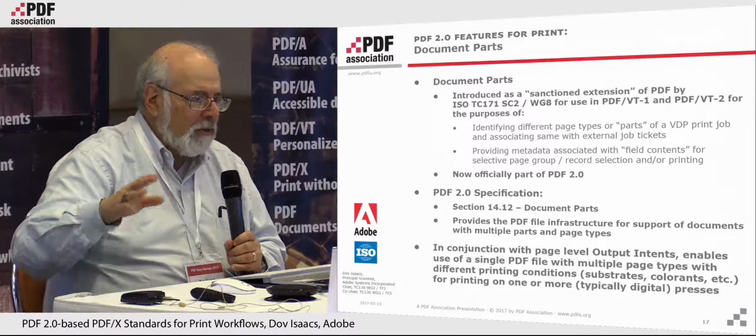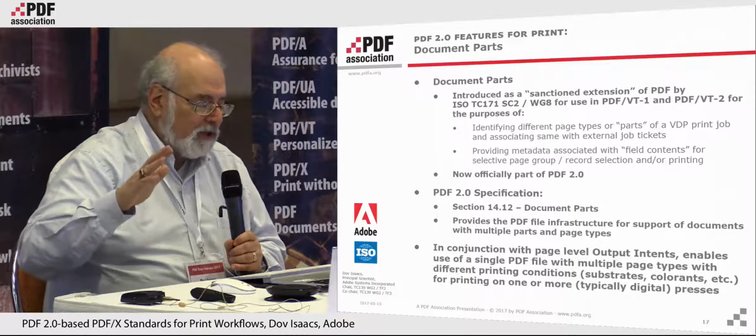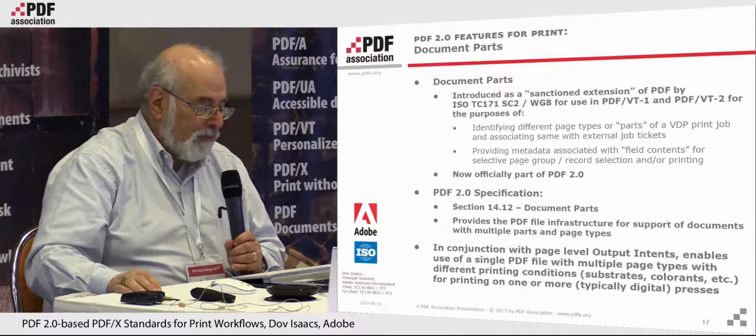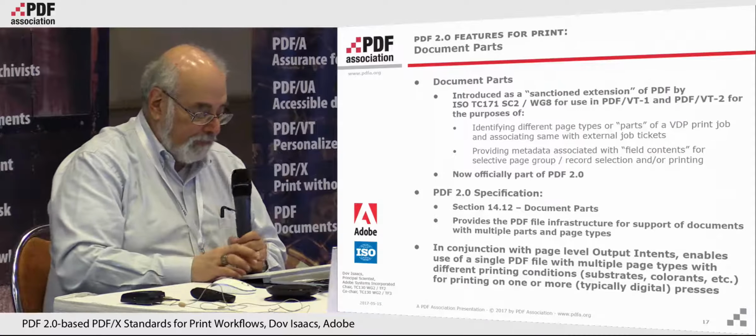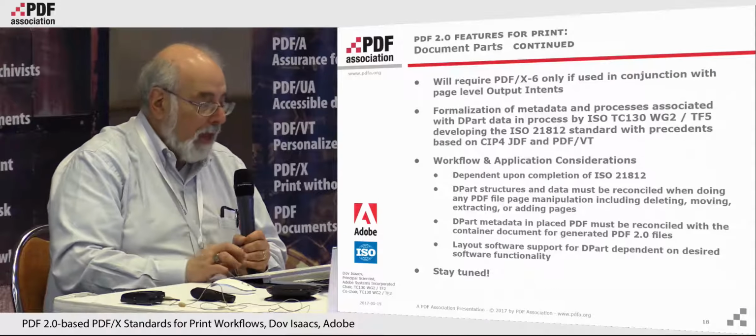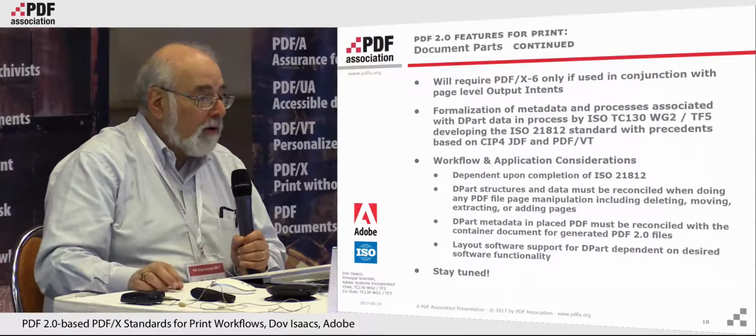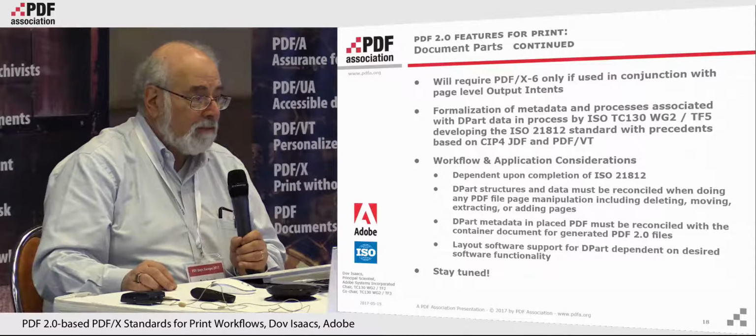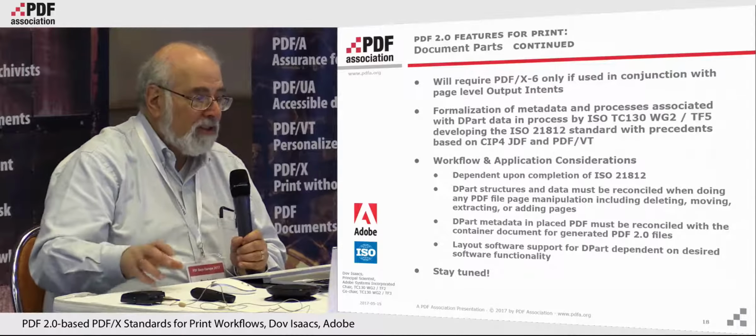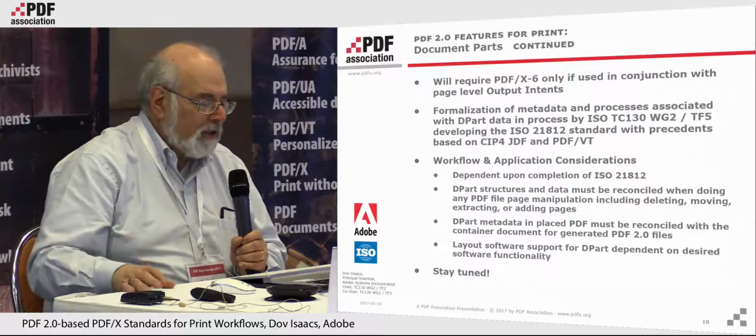But this is something that we're adding. It's officially part of PDF 2.0, and it will require PDF/X-6 if you want to use it in a PDF/X, and it's typically used with page-level output intents, okay, because of differences in page types.